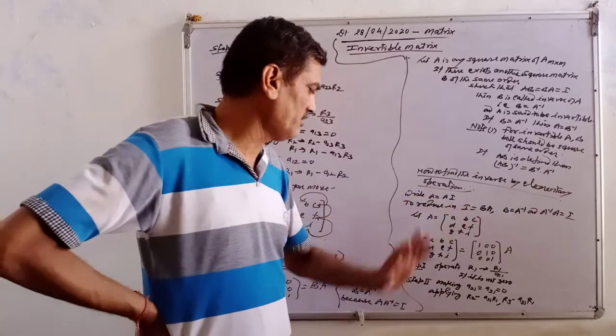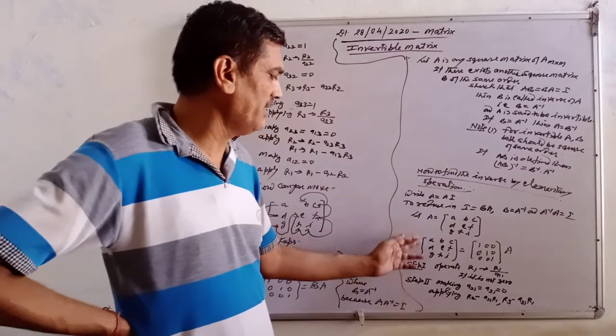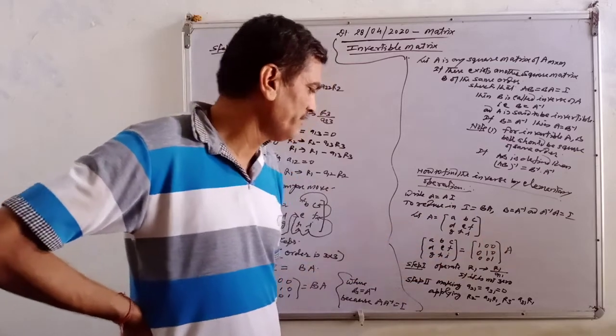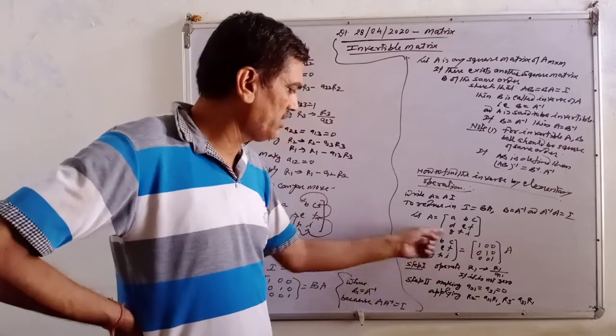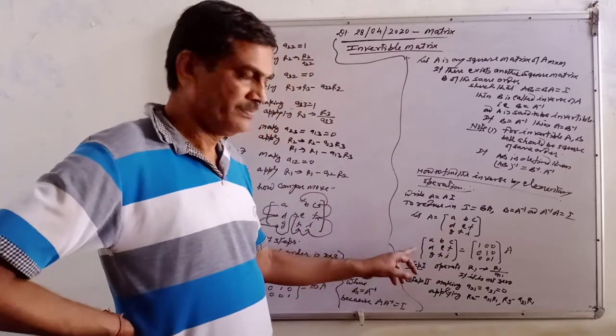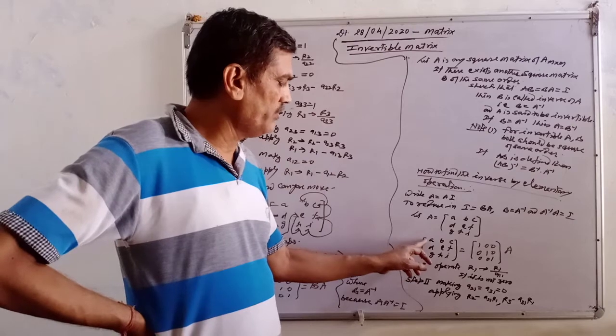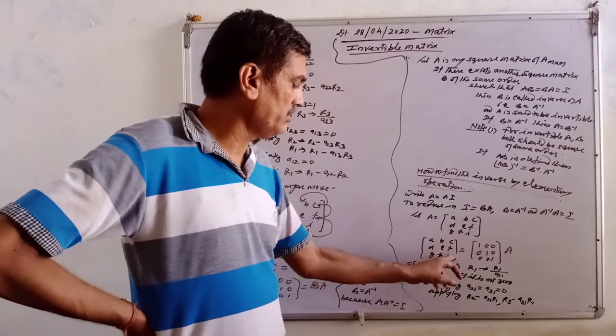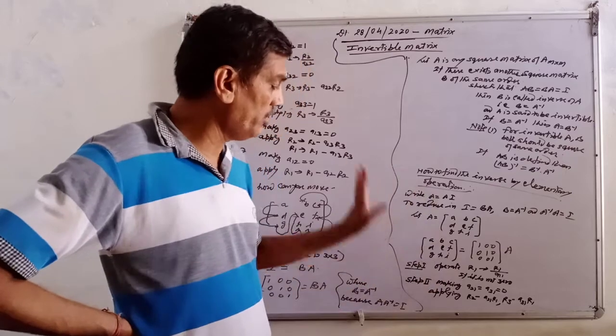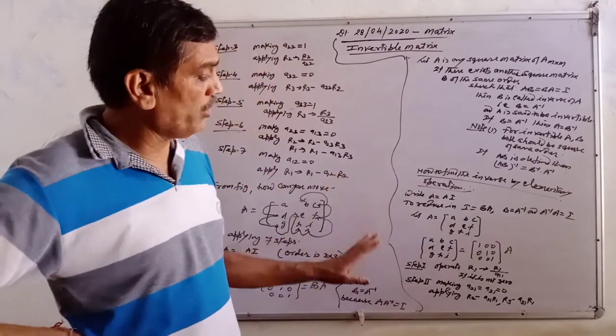Let A be this matrix written here, A is equal to IA, and reduce the left side to I, meaning the elements should be 1 0 0, 0 1 0, 0 0 1. You will reduce it here. So how can you reduce?